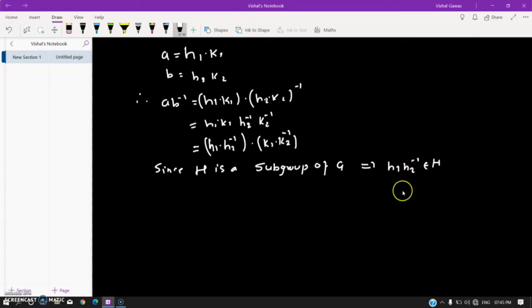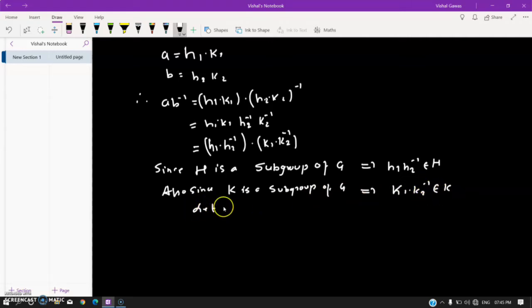Two elements, if you multiply them, it's inside. And similarly, since K is a subgroup of G, this would imply that k1 k2 inverse is in K, right?